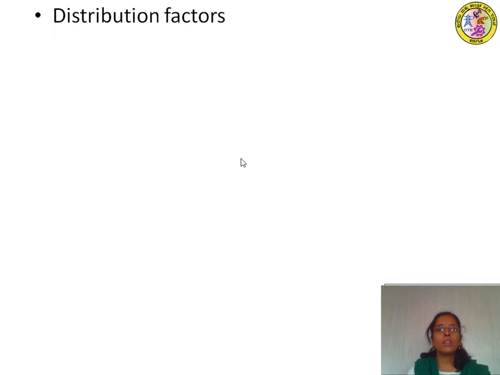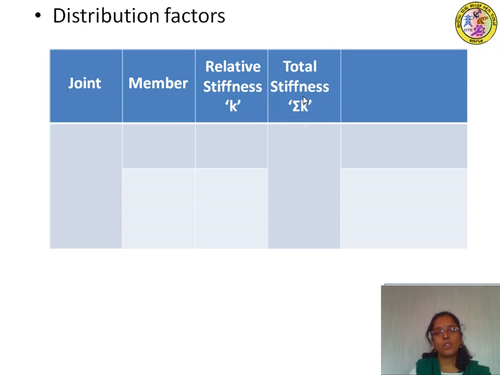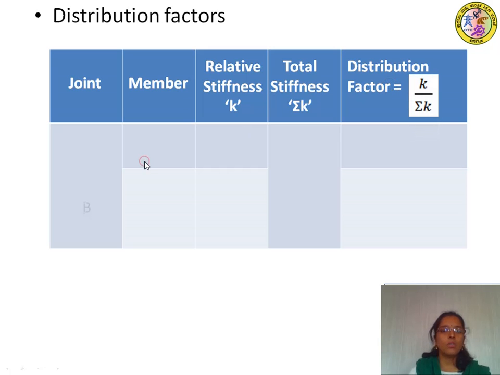So let us find the distribution factor for joint B. The table is prepared as usual. The columns are joint, member, relative stiffness, total stiffness, and then distribution factor. The intermediate joint is joint B, and the members meeting at joint B are BA and BC.